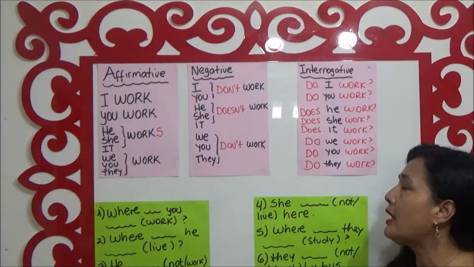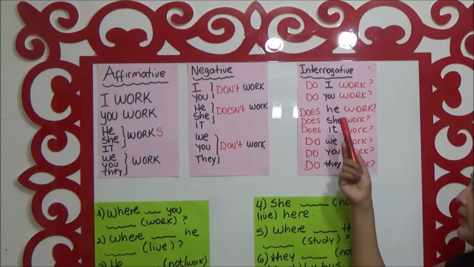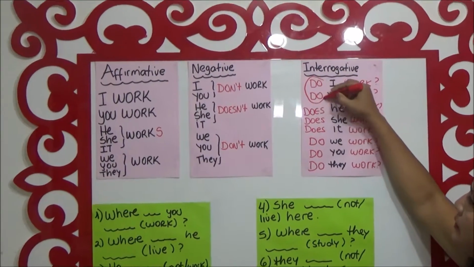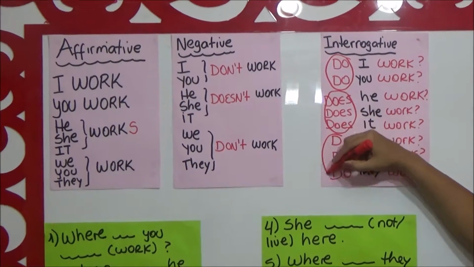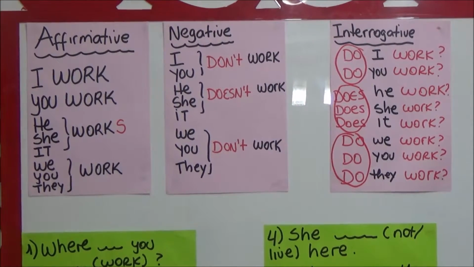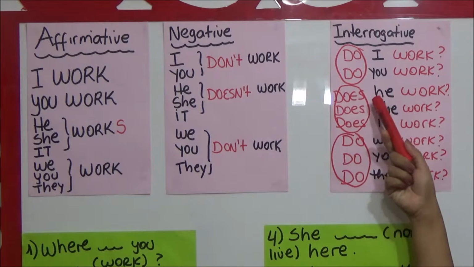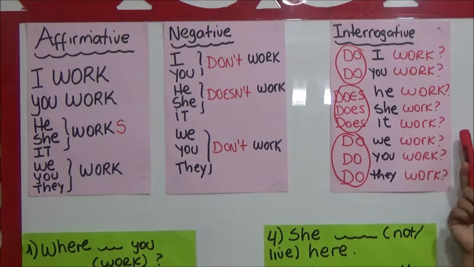Okay? Now, in the interrogative, the auxiliaries are do, does, and do again, depending on the subject. For example, do I work? Do you work? Does he work? Does she work? Does it work?